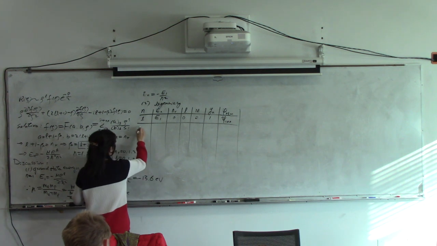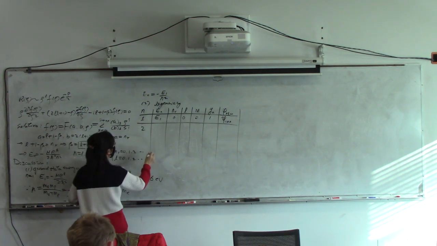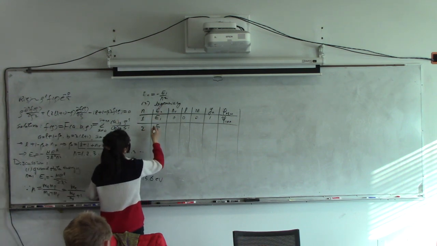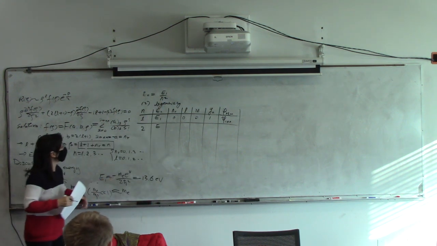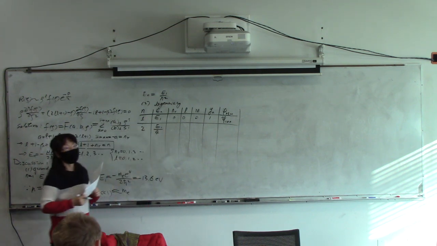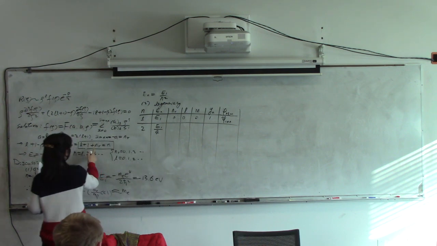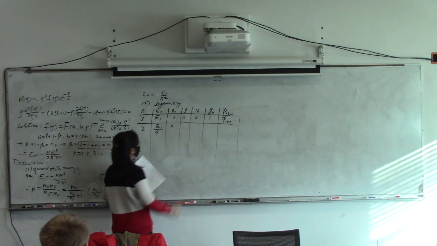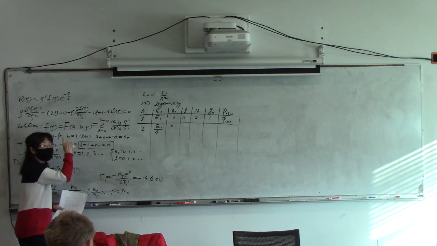Now let's consider n equal to 2. For n equal to 2 we have, oh, sorry, that's the energy E1 over 4, because 2 squared is 4, right? Now we are going to discuss the possible values for n_r and l. If n_r takes 0, l must take 1, because 1 plus 1 equals 2.